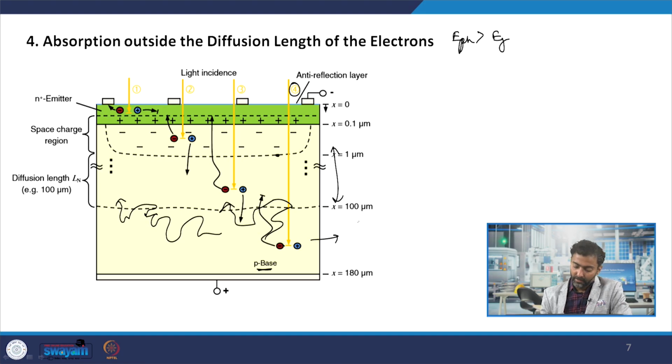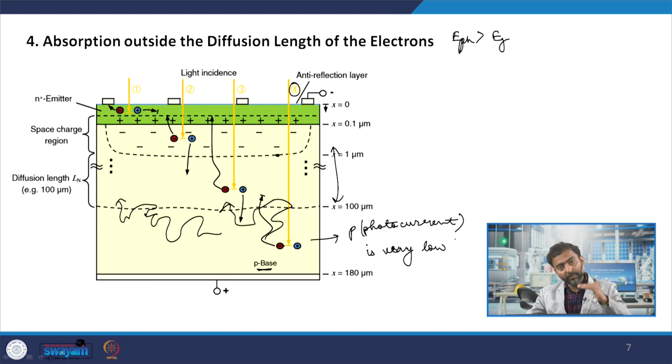The probability that this electron hole pair will contribute to a photocurrent is quite low, because we are at a much deeper layer of the solar cell, more than one diffusion length below the space charge region.